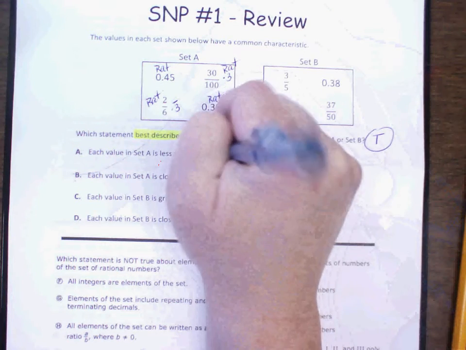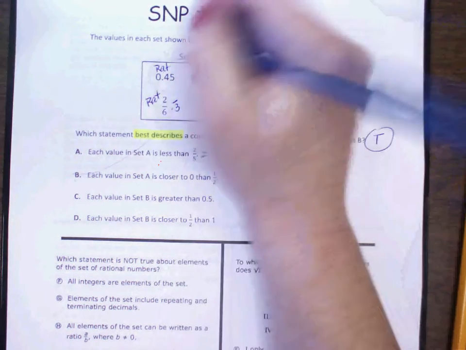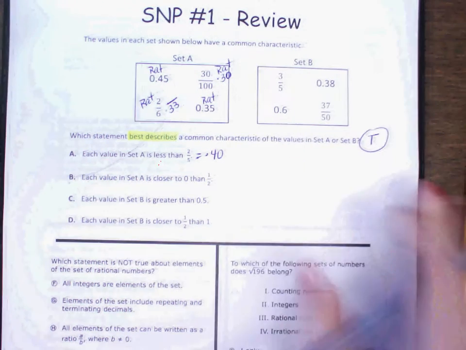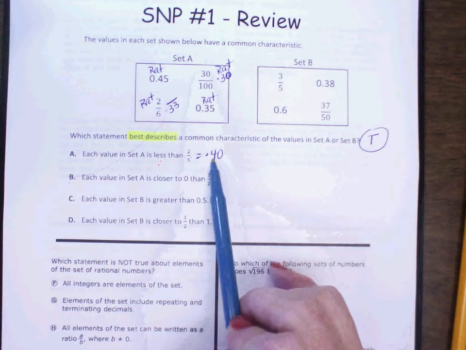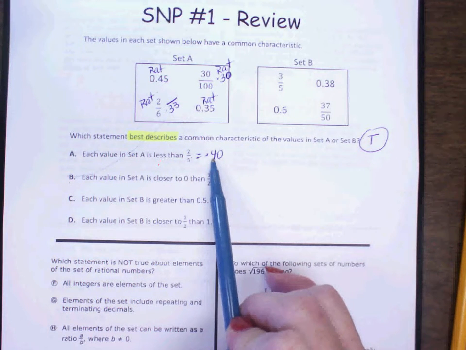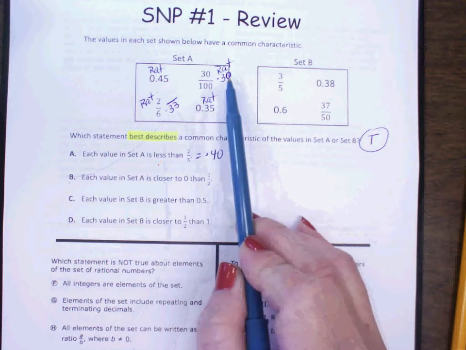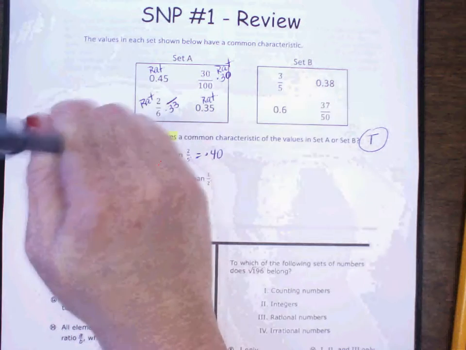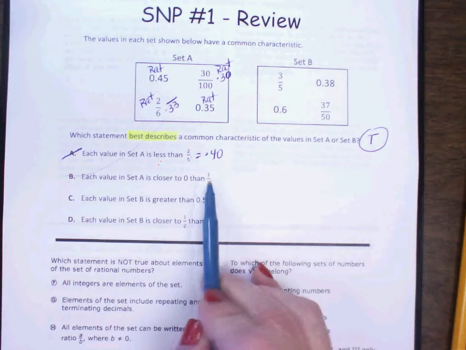So 2/5 is 0.4, which, if you need to compare it, you need to put that zero at the end. So are all those values less than 0.40? No, they're not. 0.35 is less than. 0.33 is less than. 0.30 is less than. But what happens with 0.45? It's bigger, so that's not A.